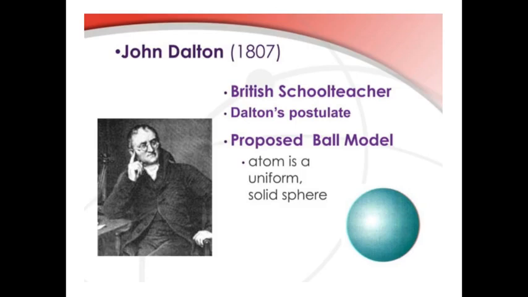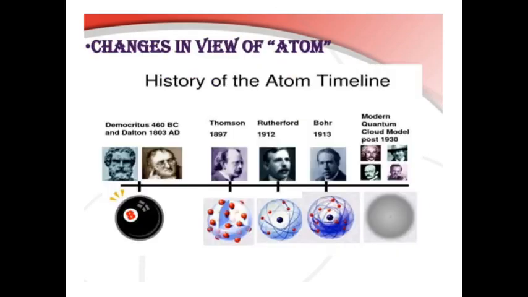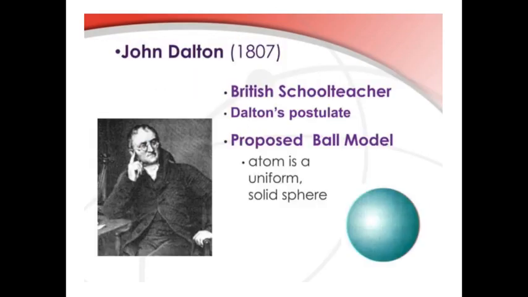Okay, quickly let's start with John Dalton. John Dalton was a British school teacher, and he made some postulates that were very vital in his model. Now, you observe that each of them had an idea based on experimental values and some of the experiments they carried out about what shape or model an atom has.